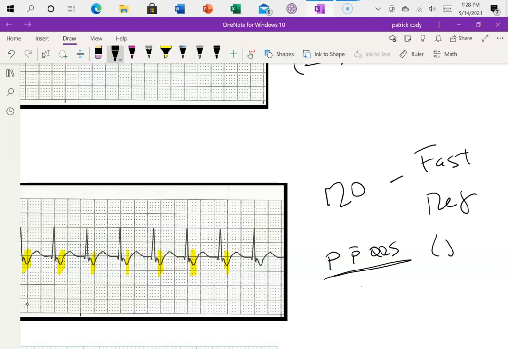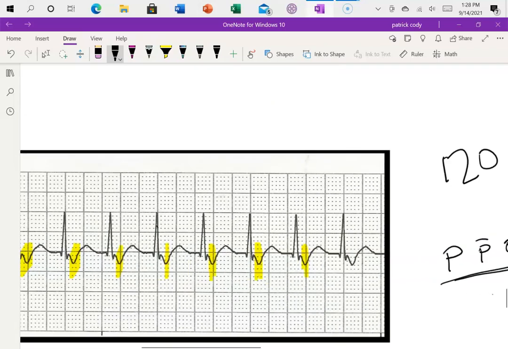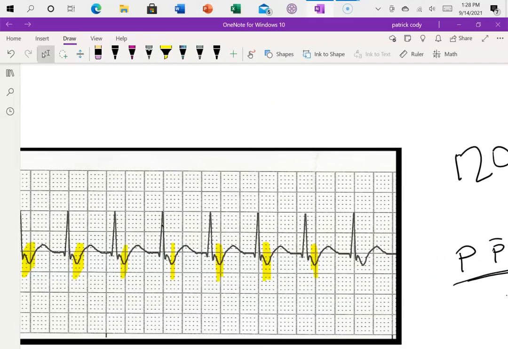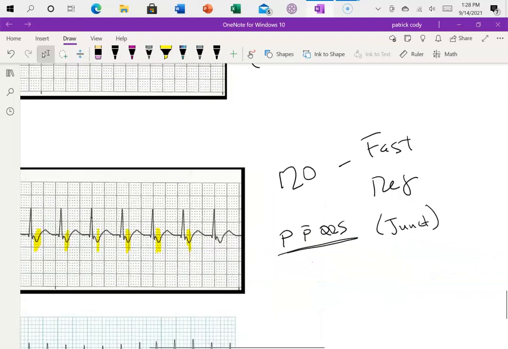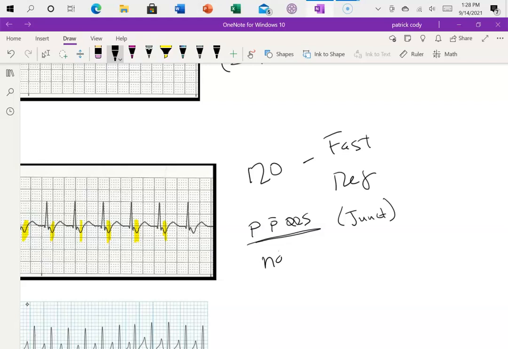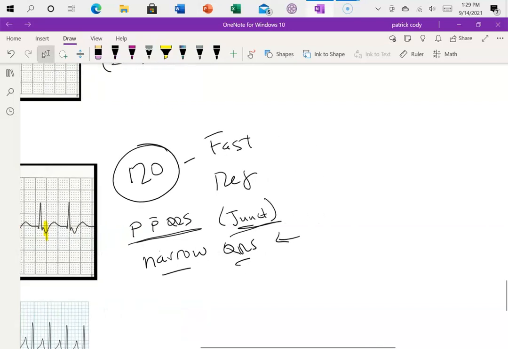Okay, so in this case the P is after the QRS, but it's very consistent. And so we can guess that this is a junctional rhythm, and then we can furthermore look at this and check out our QRS width, and it's probably 60 milliseconds at best. So we would refer to that as a narrow QRS. Okay, so narrow QRS. And so at this point we've decided this is junctional because it's got a narrow QRS, but the rate is fast. So remember I told you before, if you have a junctional rate, here's your choices.